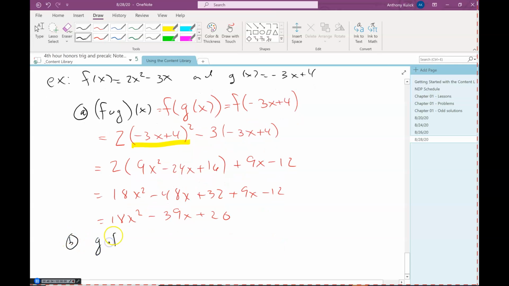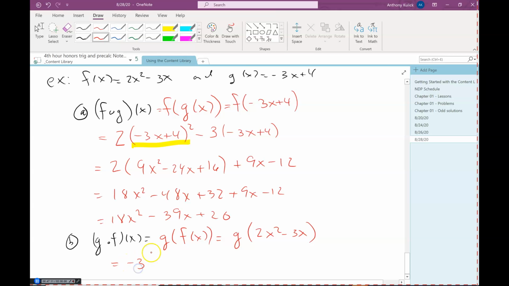We'll do another. This time we'll do the reverse. G compose F. So that's just the same thing as G of f of x. And the first thing that I'm going to do is substitute in the expression for f of x in its spot. Now what the function notation tells me is that everywhere in g of x there was an x, I'm going to replace it with 2x squared minus 3x.